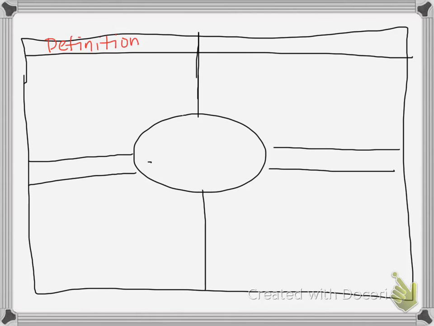This next side is visual, a visual or a picture. Visual or a picture. The one at the bottom is an example.